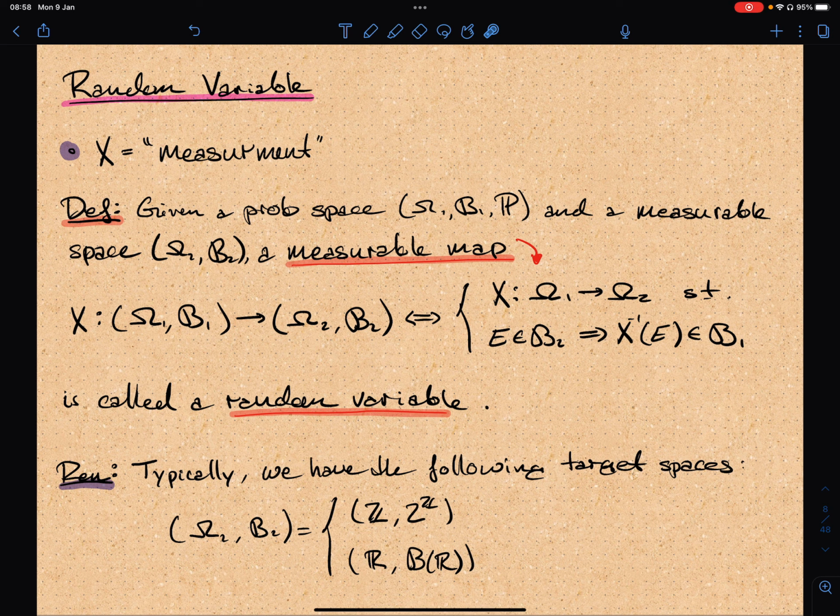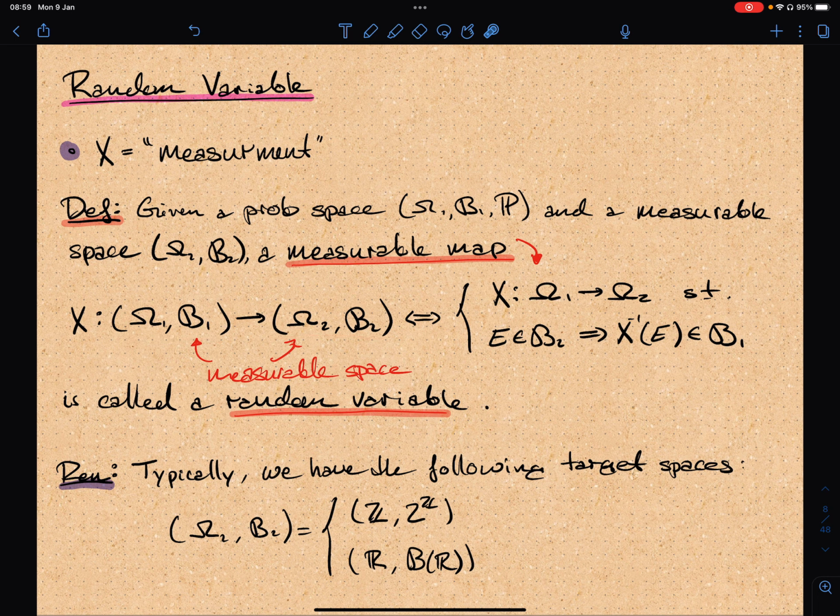It's kind of a lot, but it's not that bad. And what we need is that this X, this random variable, is going to be a map between two measurable spaces. So a measurable space, which is this and this measurable space, it's the same as a probability space, except that we don't include a probability function.